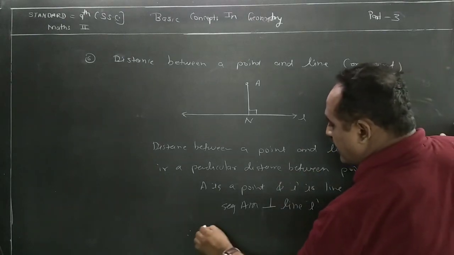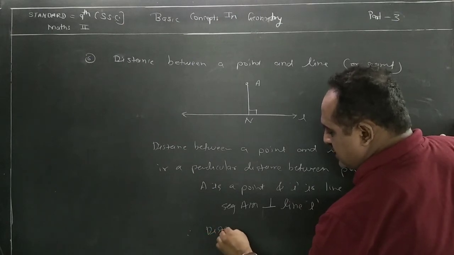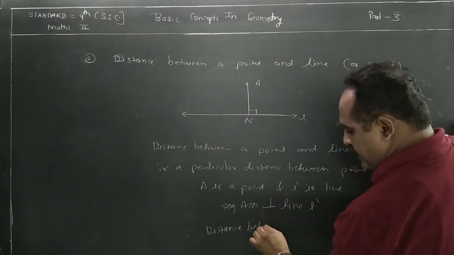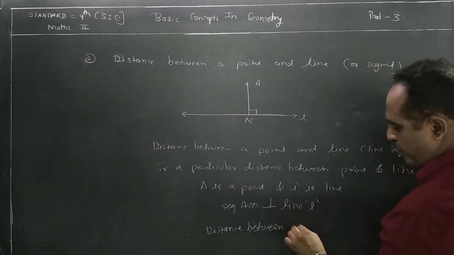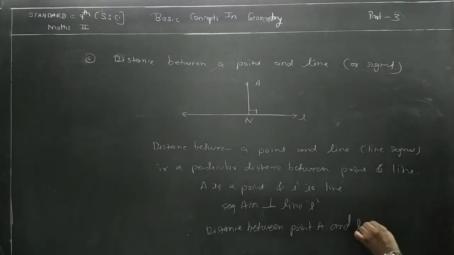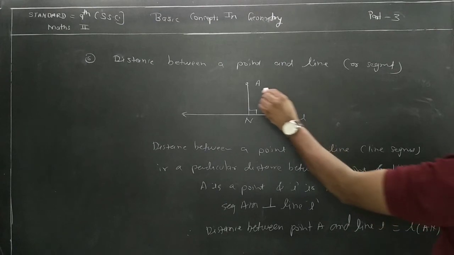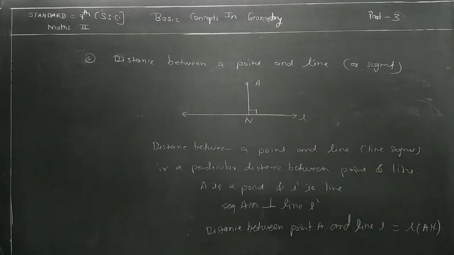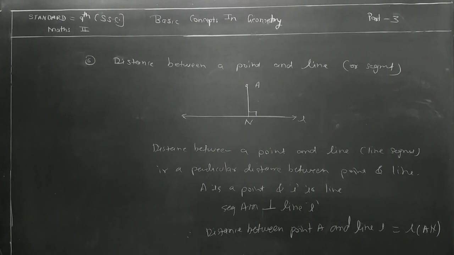Therefore, I can write the distance between point A and line L is equal to length AM. If it is 5 centimeters, I am going to write 5 centimeters. This is the concept of the distance between a point and a line.